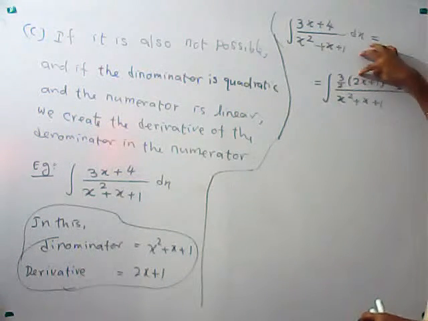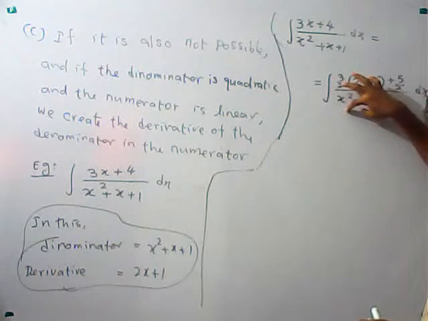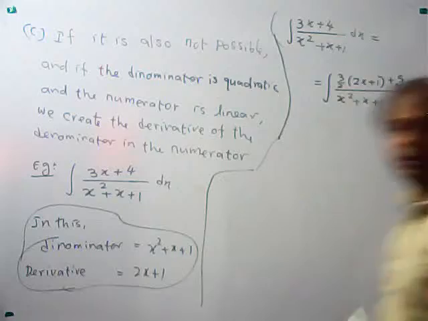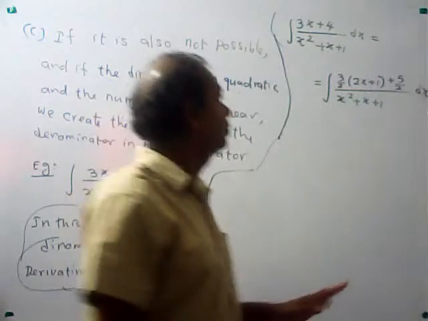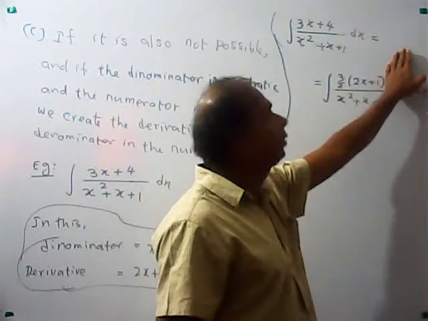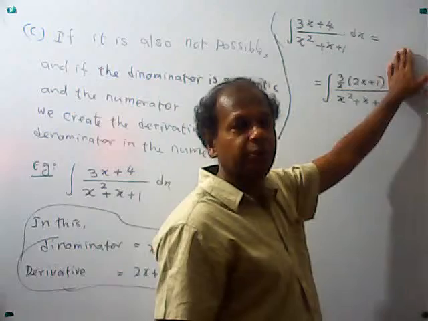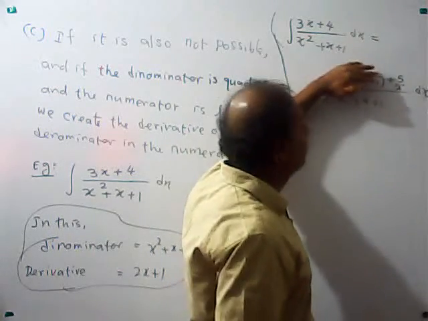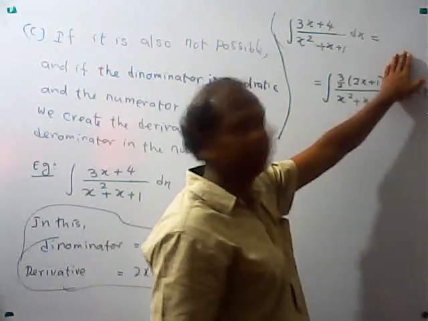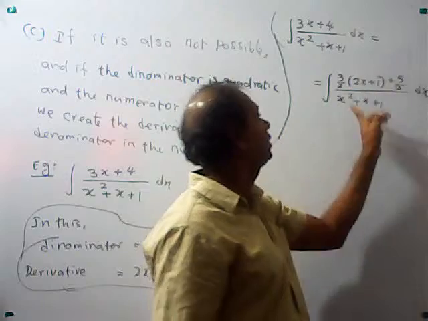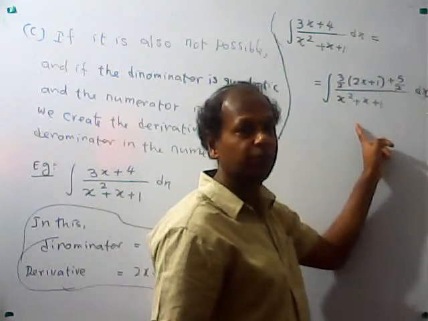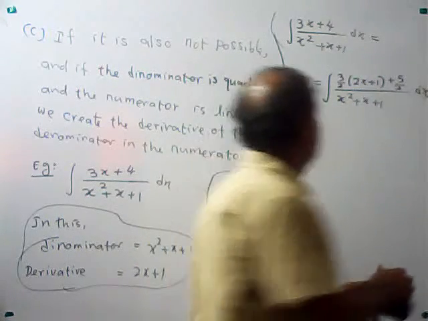Now, to make some use of this, we have the derivative of the denominator in the numerator, right? To make use of that, we will have to take them separately. This part separately and this part separately. If you take this part separately, we can use the fact that this is the derivative of the denominator. So we will break it into two.